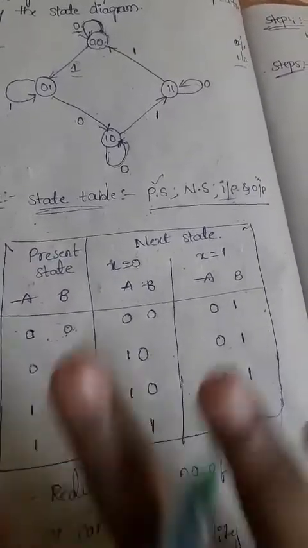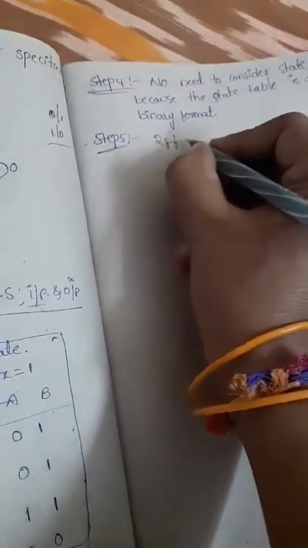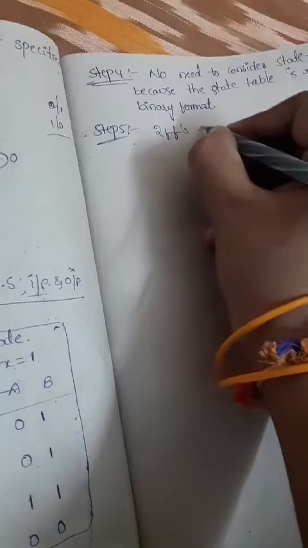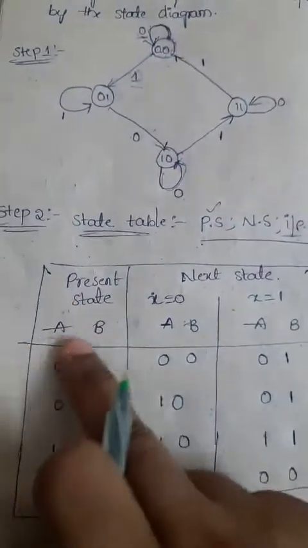This is 1 bit and this is 1 bit. Based on that, 2 flip-flops are required. Those I already assigned in the state table, and they are A and B.